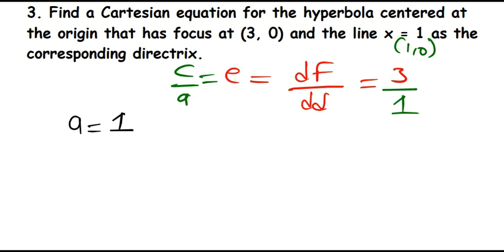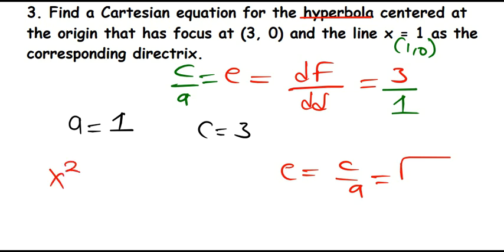Now let's find the missing one, which is b. The top part is c, so c is equal to 3. What did I tell you? e is equal to c over a. And c, what are we dealing with? A hyperbola. What's the basic form of the equation? Is it minus or plus? This is a negative.